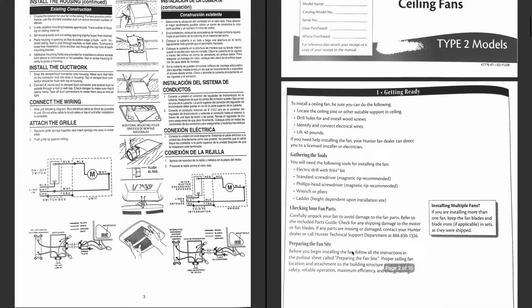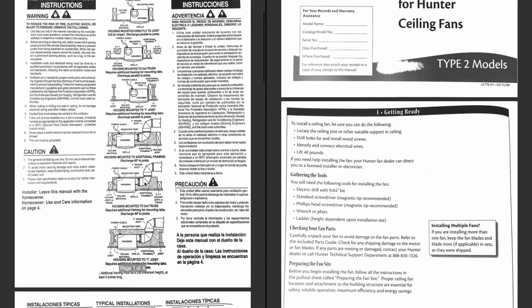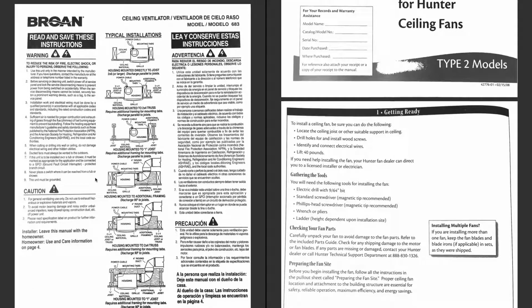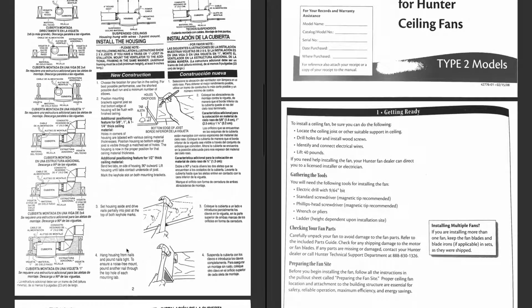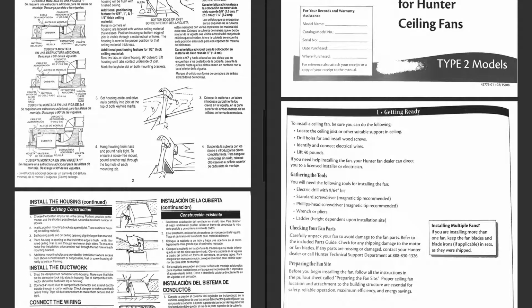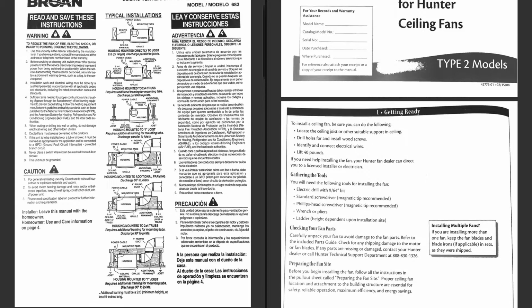So I'm going to make the assumption that this was created for professionals. The pictures are small. The descriptions are small, and it's not like this is going to be for the average Joe to put up. Although in theory they certainly could, because everything is there that you need to know about installing it.